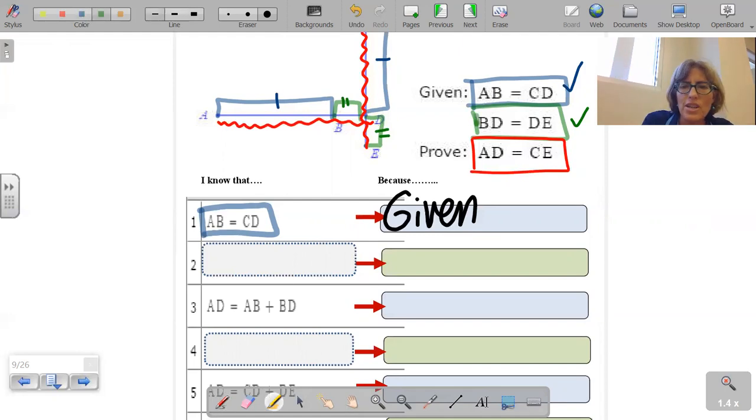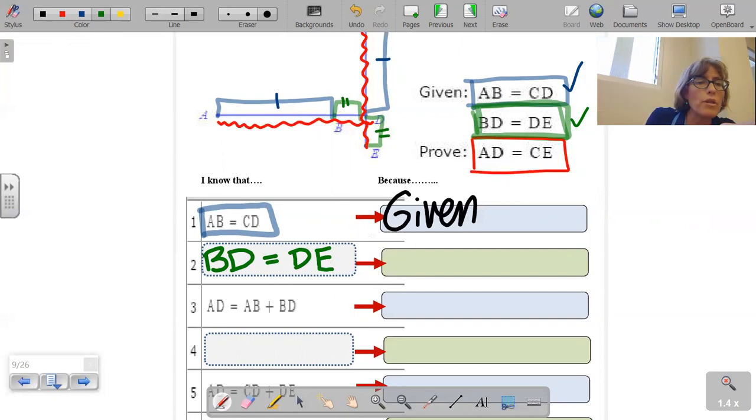We know we need our second given, so that's most likely going to be our next step. You need to understand there can be more than one way to do a proof, so I'm only showing you one method here. Okay, why do I know that's true? That's given.